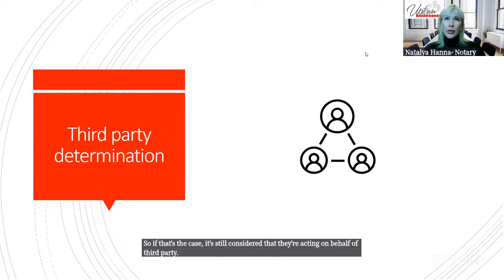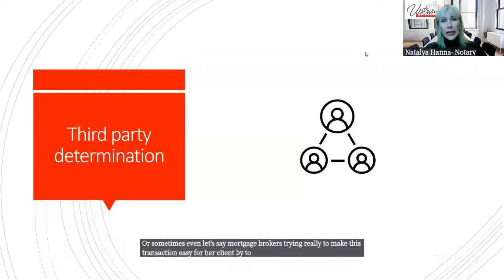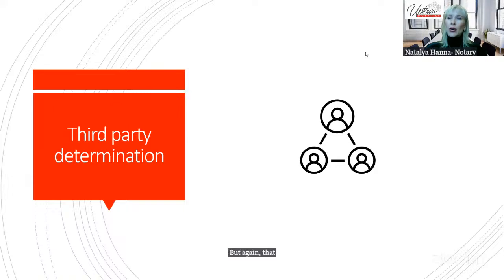In my notary practice, oftentimes we have a client and somebody else involved, maybe a family member, or sometimes a mortgage broker trying to make this transaction easy for her client, to the point that she fills in the forms and provides all this sensitive information. But again, that raises a concern. Who is really giving me instructions, right?